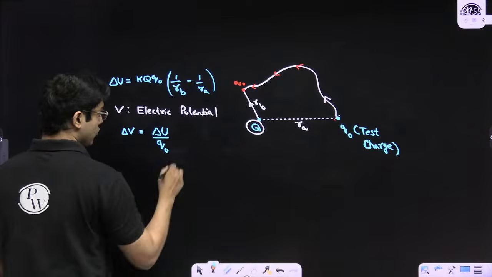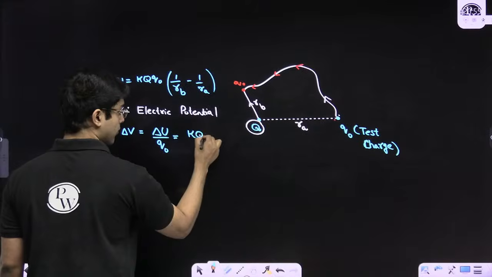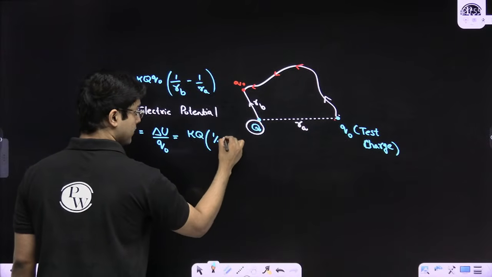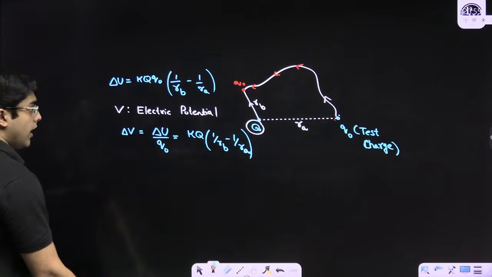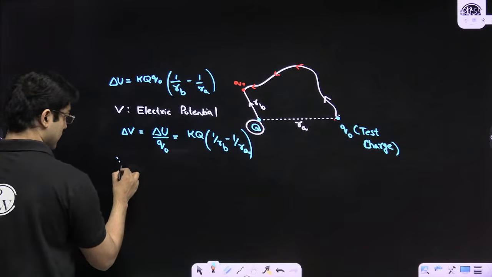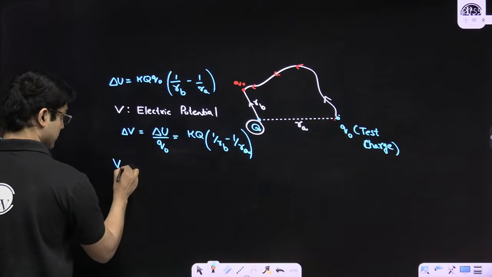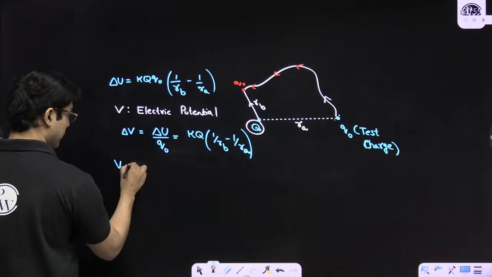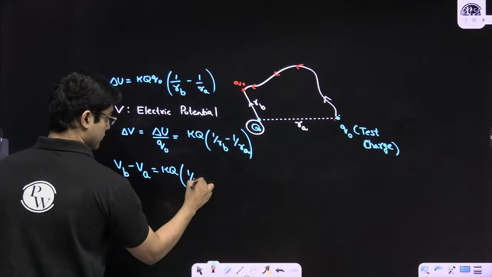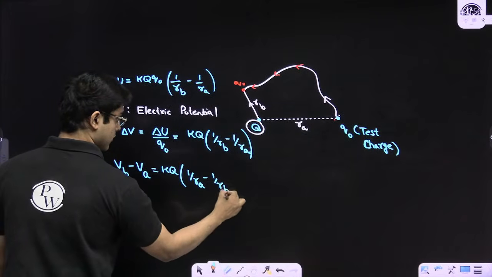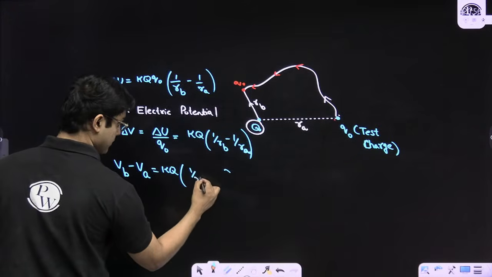So this will be equal to KQ into 1 by RB minus 1 by RA. And delta V is of course VB minus VA.